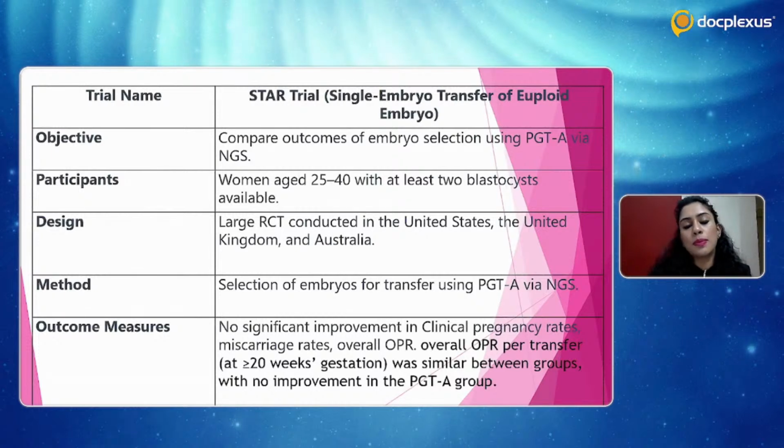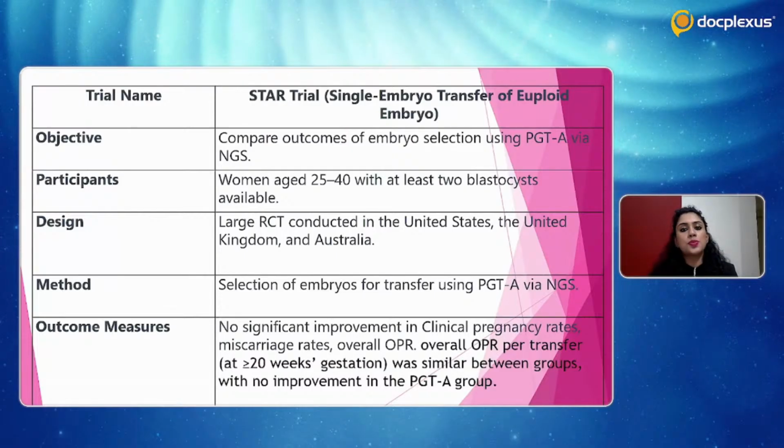So let me talk about the STAR trial briefly. It is a single embryo transfer of euploid embryo. The objective was to compare the outcomes of embryo selection using PGTA via next generation sequencing. The women were about 25 to 40 years of age and they had at least 2 blastocysts available for transfer. It was a large RCT conducted in the United States, United Kingdom, and Australia.